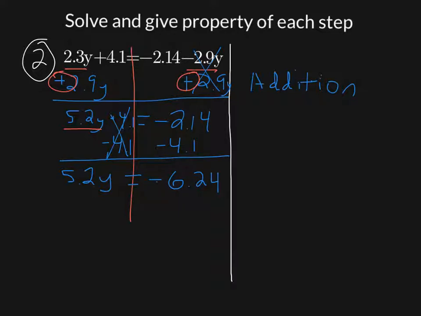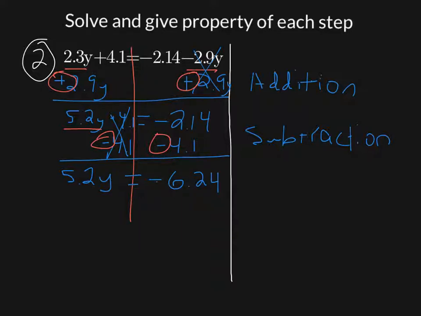So what step did I do to get 5.2y equals negative 6.24? Well, again, I subtracted on both sides. So that's the subtraction property of equality. I'm just going to write subtraction. Finally, to finish this off, we have our variable there.